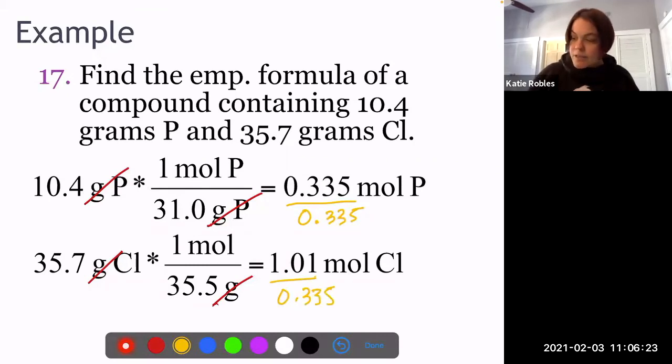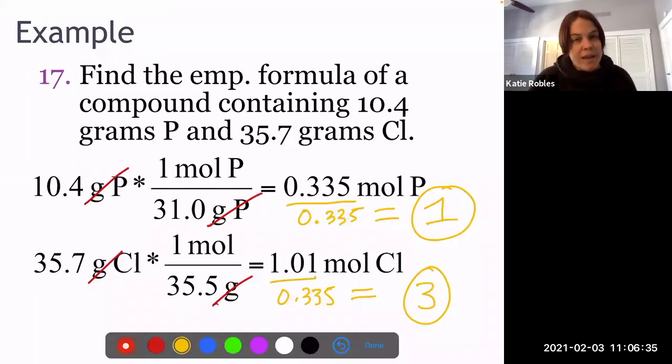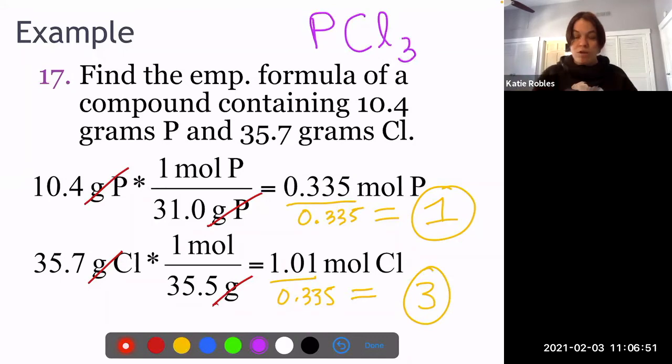Right? So I end up with, and again, I'm looking for whole numbers. 1, looking for a whole number here. I'm not looking for decimals. Decimals don't help me at all. 3. Okay, now even if it came out to 2.97 or 3.01, it's close enough to 3 for me that I can make the conclusion that this compound is PCl3.